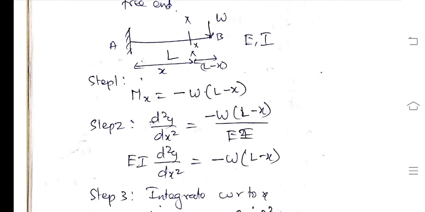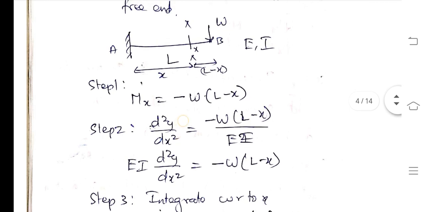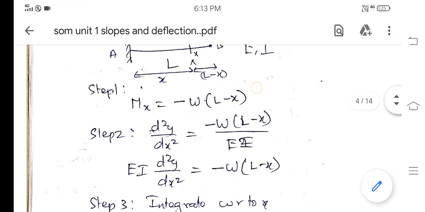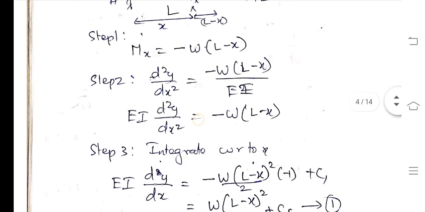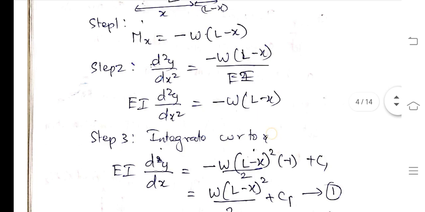Now this is the differential equation, d square y by dx square is equal to M by EI. Substituting this M value, and rearranging, since E into I is constant, EI into d square y by dx square is equal to minus W into L minus x.